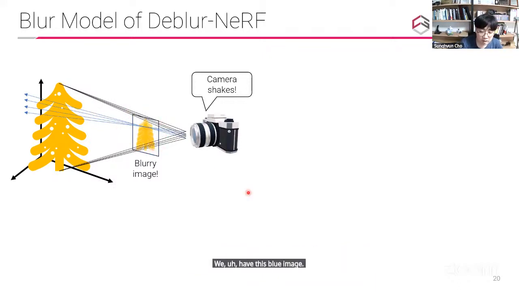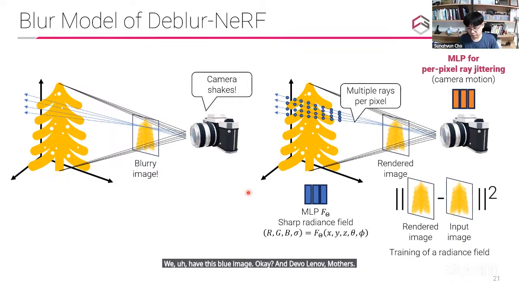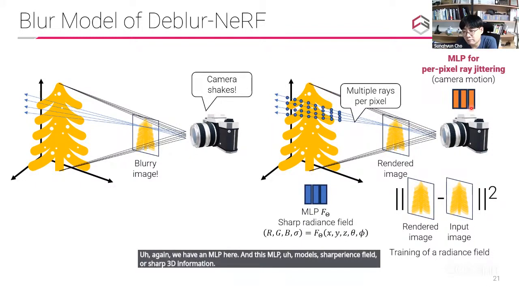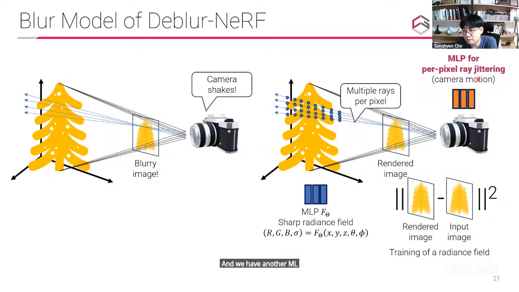Okay, and Deblur-NeRF models camera shake based on this model. Again, we have an MLP here, and this MLP models the sharp radiance field, or sharp 3D information. And we have another MLP, and this MLP models per-pixel ray jittering, or it describes camera motion during the exposure time.